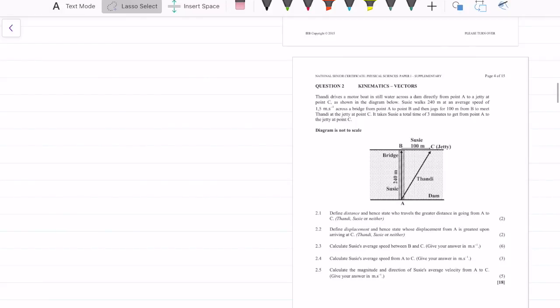Okay, so it says, Tandy drives a motorboat in still water across a dam directly from point A to a jetty at point C. So this is the distance that Tandy drives. Then Susan walks 240 meters at an average speed of 1.5 meters per second across the bridge. So that's that section.